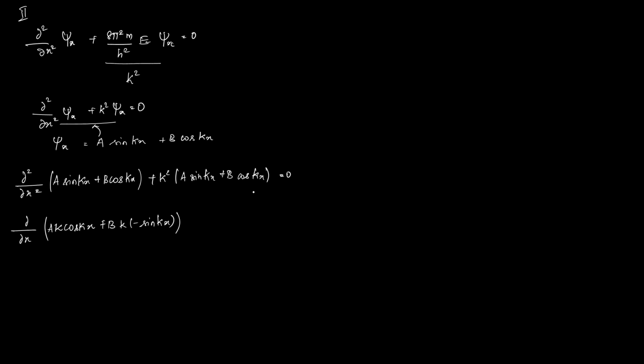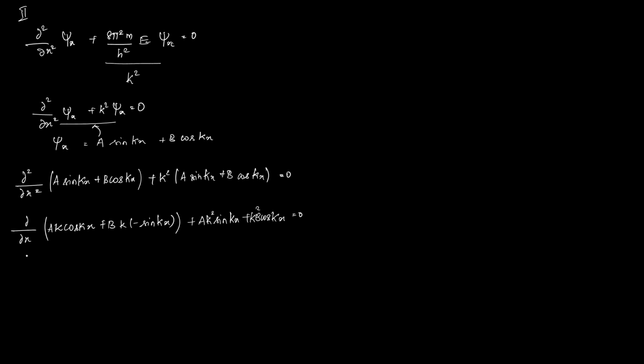Likewise, if you differentiate your b cos kx, b is constant, and your cos kx is differentiated to minus sin kx. And if you differentiate kx, it's going to be k. Now we'll multiply this entire k square term inside. So this is going to be a k square sin kx plus b k square cos kx is going to be equal to 0.